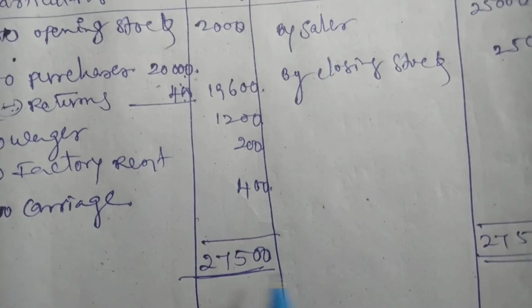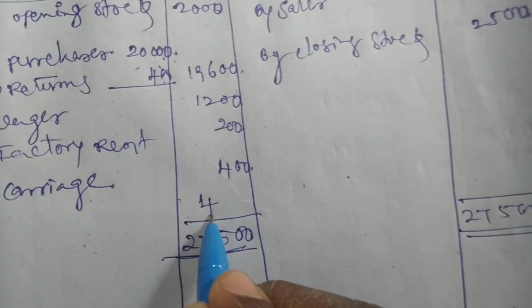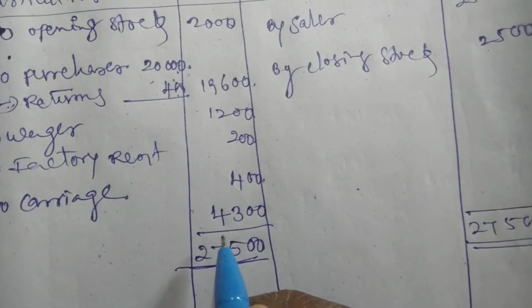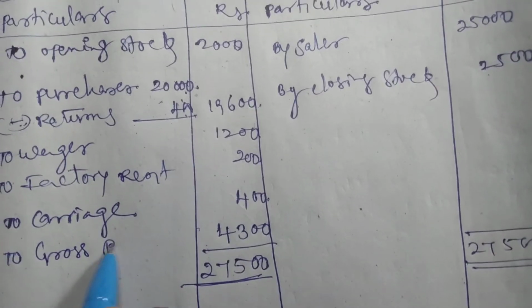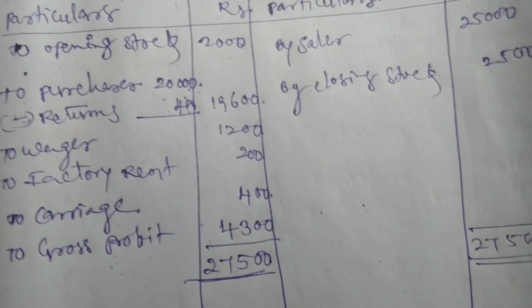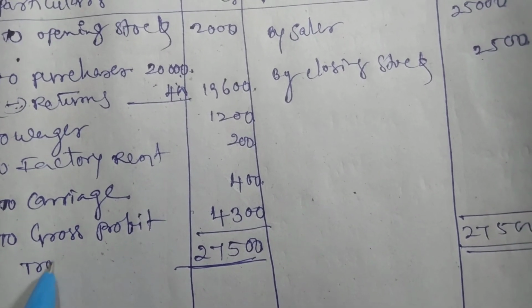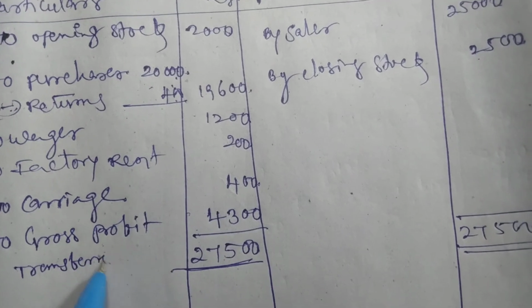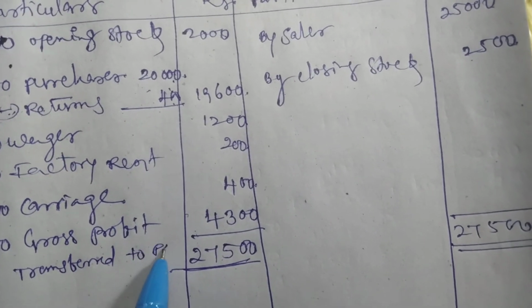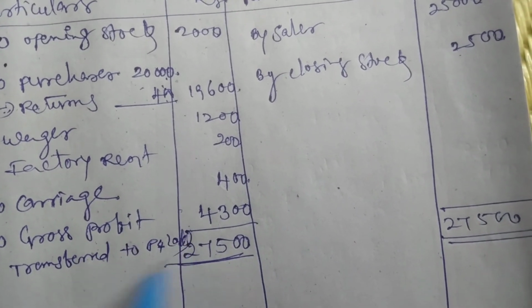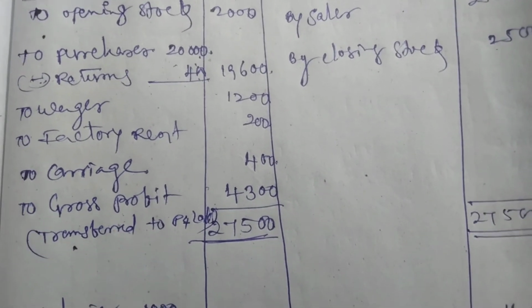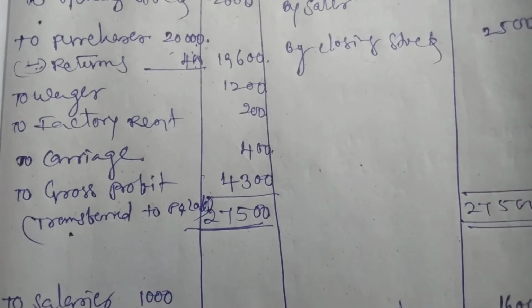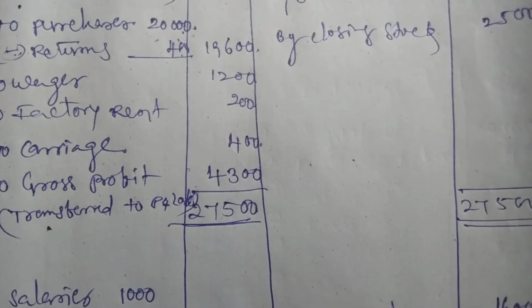So the remaining amount is 4,300. That is called gross profit. So the gross profit is transferred to the PL account. So it continues to the profit and loss account for showing net loss or net profit.